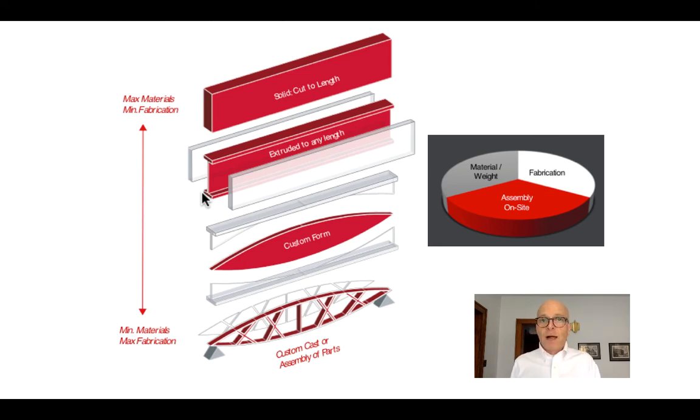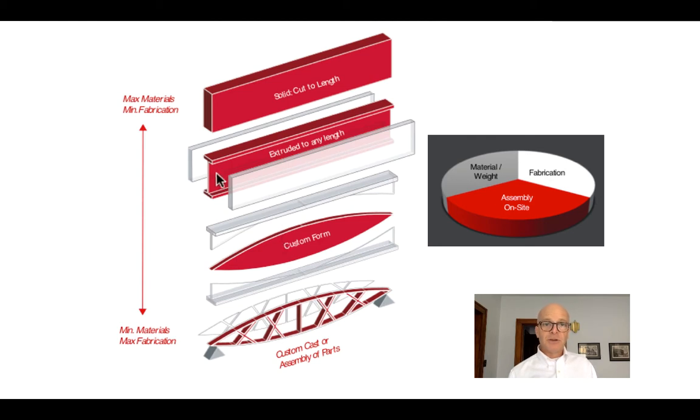We still need a web there to hold those two flanges apart from one another to make sure that they work in conjunction with one another, but we're minimizing the thickness of the web, and therefore we're concentrating the dead weight of the material, also the expensive material. We buy steel by the pound, so we want it to be working as hard as it can be. We're concentrating that where it's going to work the hardest.